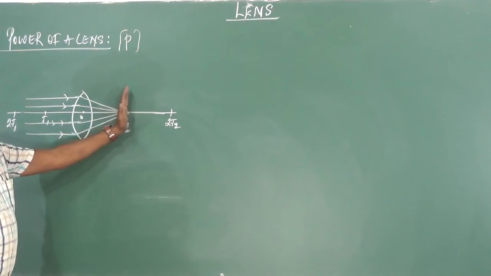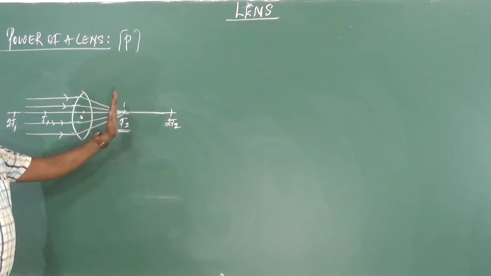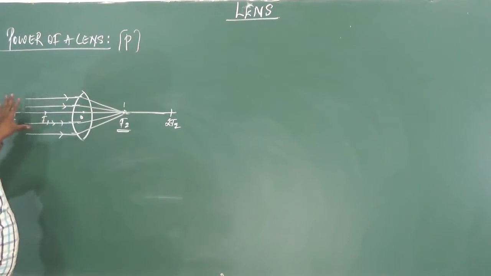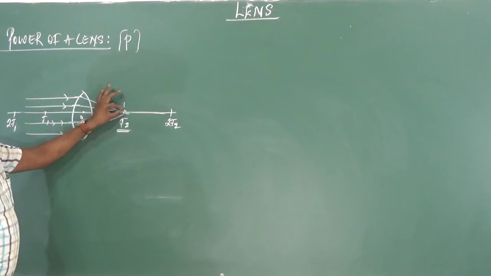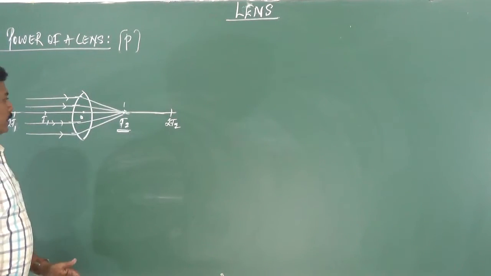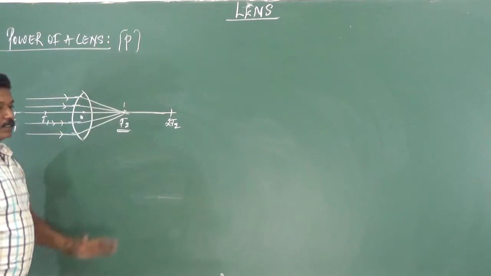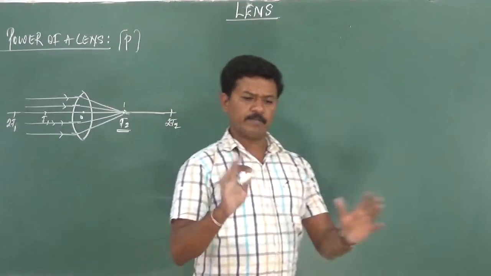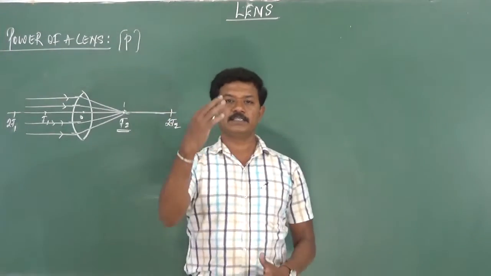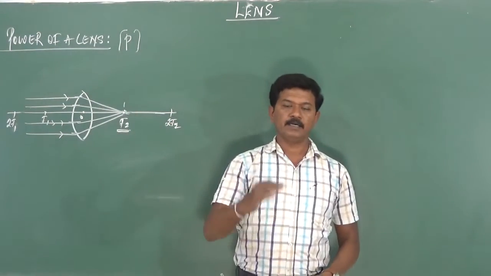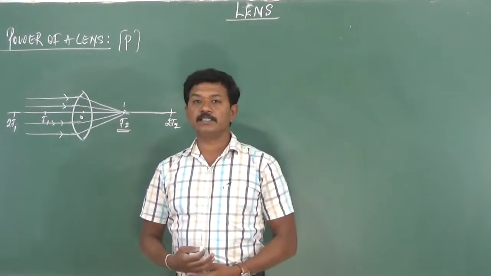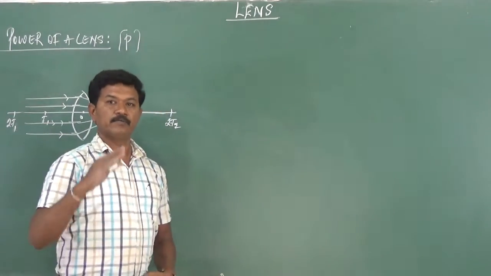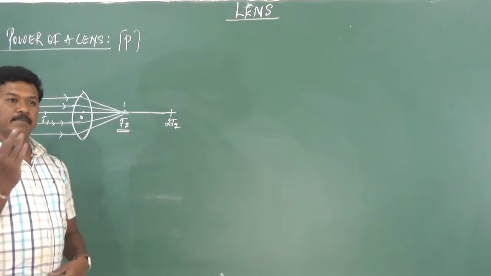At this point, where all the light rays come and meet, if you keep a screen here, that is the focal plane, you are going to get the particular image of the object on the screen. The image will be very, very bright, and it will be a full size image. So the images got in a convex lens are of full size and they are bright images.